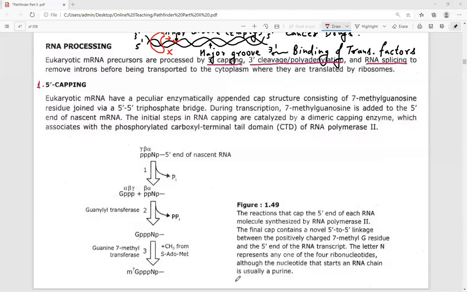Okay. So why is capping absent in the case of prokaryotes? I'm just writing it out here. You can note it down.